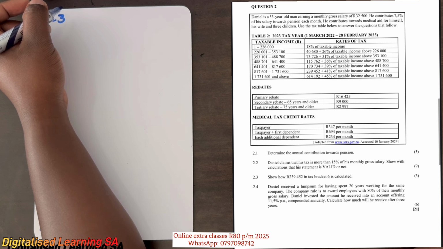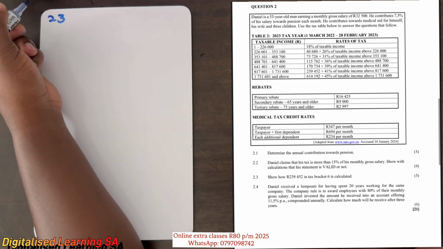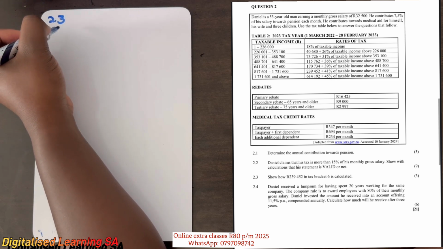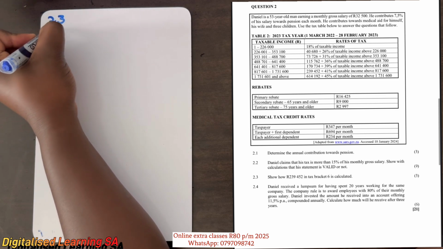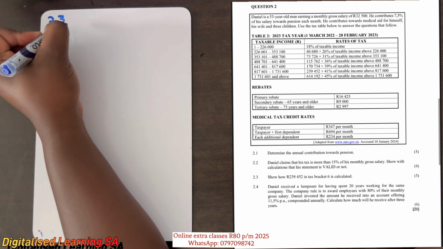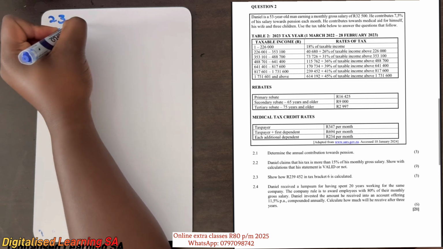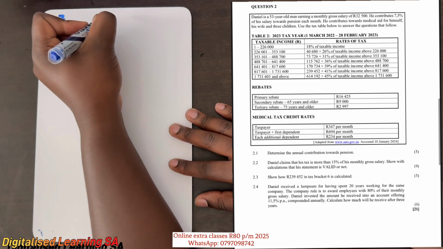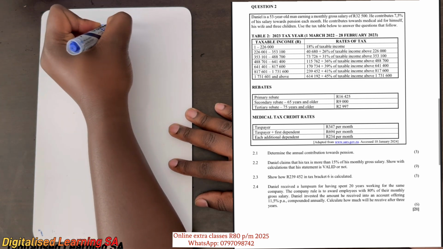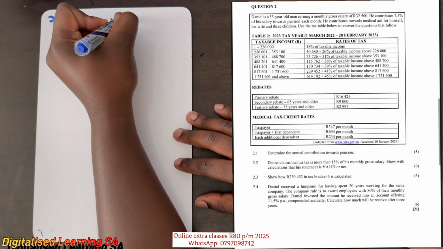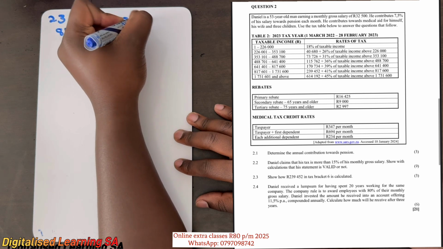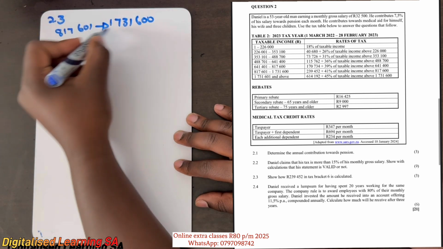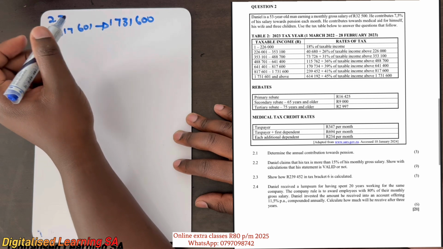Okay, so if we look at tax bracket 6, we can see that it is the range from 817,601 to 1,731,600. So this is the range for tax bracket 6.